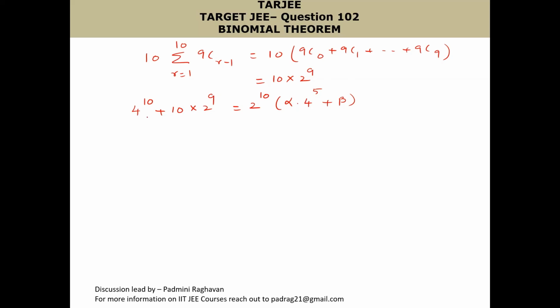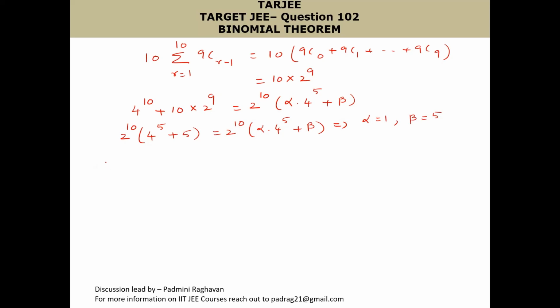One 4 power 5 is 2 power 10. So pull out that. You are left inside with one 4 power 5. And I can look at this 10 as 5 into 2 and group the 2 with this 2 power 9 and pull it out as 2 power 10. So we have plus 5 is equal to 2 power 10 into alpha times 4 power 5 plus beta. So when we compare, we get alpha is equal to 1 and beta is equal to 5.